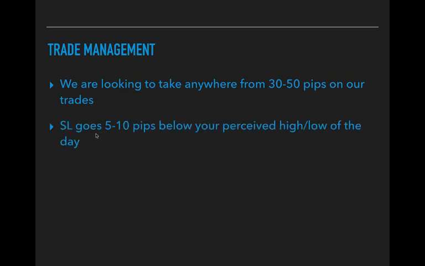Your SL goes 5 to 10 pips below your perceived high or low of the day. And your risk reward ratio should always be 1 to 1 or better. This is a big one for me, because if your risk reward ratio is less than 1 to 1, then you're doing more work than you need to, because you have to work double hard if you take a loss.